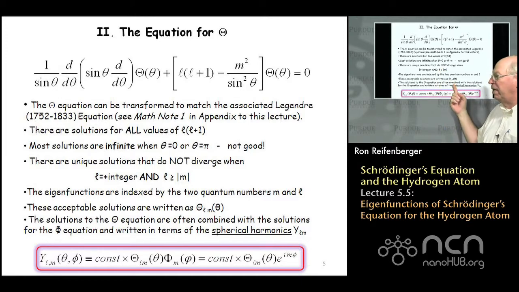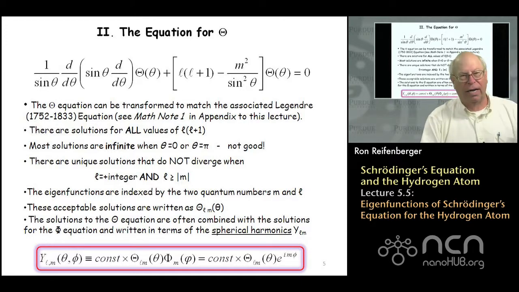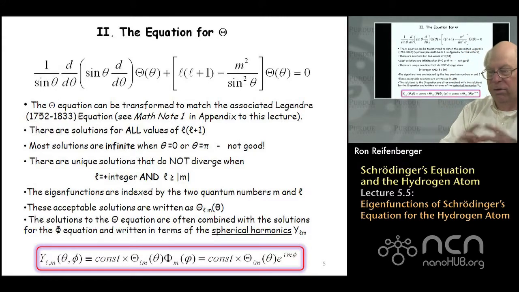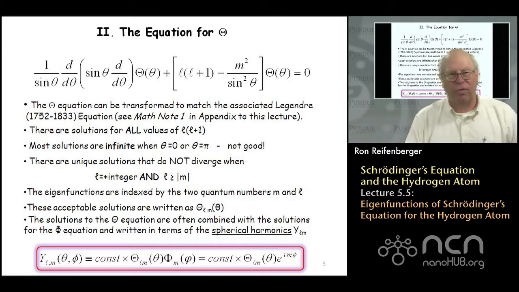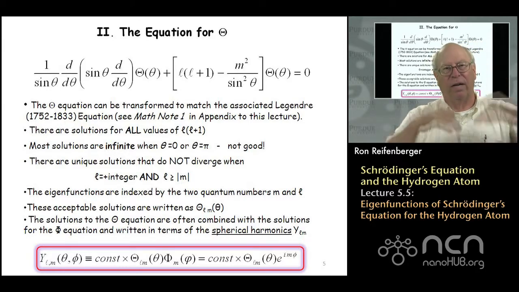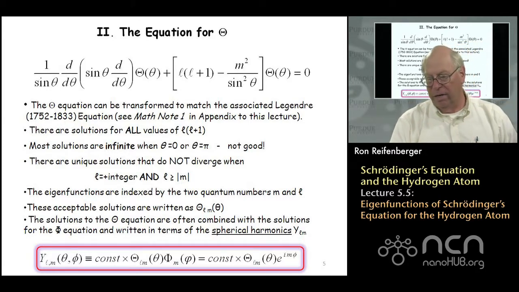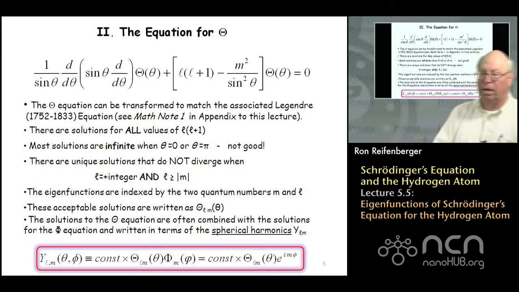And so for that reason, possible solutions often are subscripted by the variables L and m, because you have to specify those quantum numbers in order to select out the appropriate value for capital theta. And the different values for capital theta are going to describe different eigenfunctions of the different energy levels for the hydrogen atom. That's ultimately what's going to come out.